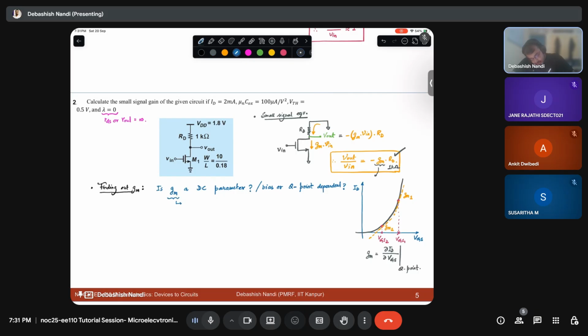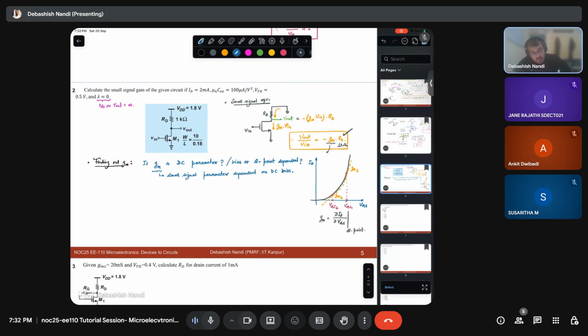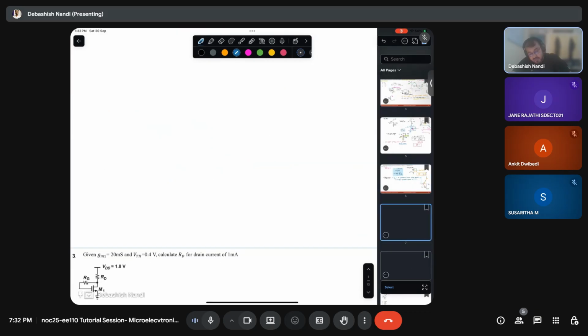So this is a small signal parameter dependent on DC bias. And do you know why it is? Okay, just let me tell you briefly.